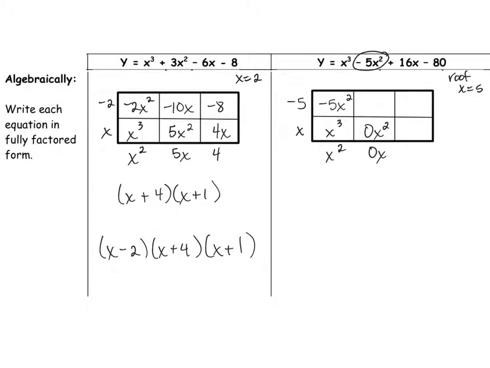I'm going to multiply that to get, again, 0x. And then I need this to be 16x, so this is going to be 16x. Factor out 16. And then I multiply this to get negative 80. So my factored form here is x minus 5 times x squared plus 16.